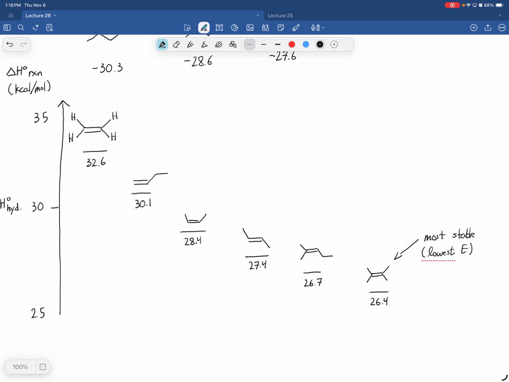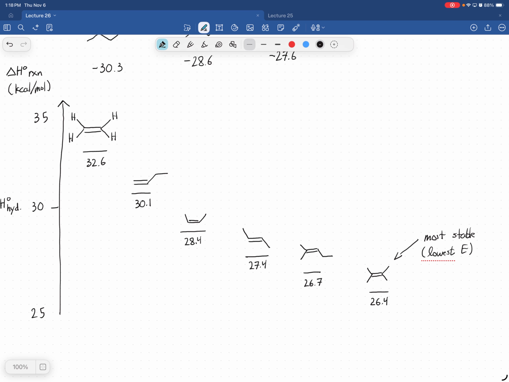All right, so the reason why it's the most stable is because, as we talked about before, it has to do with hyperconjugation. If you remember hyperconjugation, alkenes have a p orbital, and the carbon groups can kind of align along the p orbital and stabilize the alkene. So the more carbon groups you have, the more stable it is.